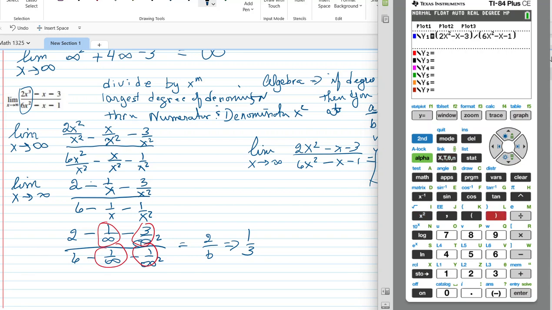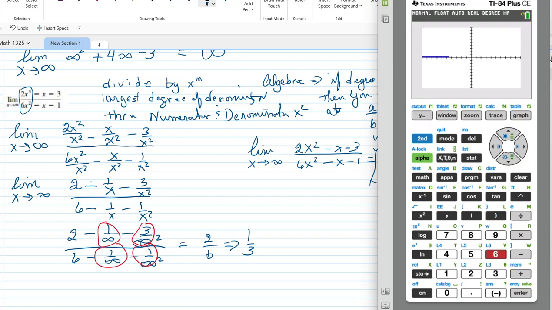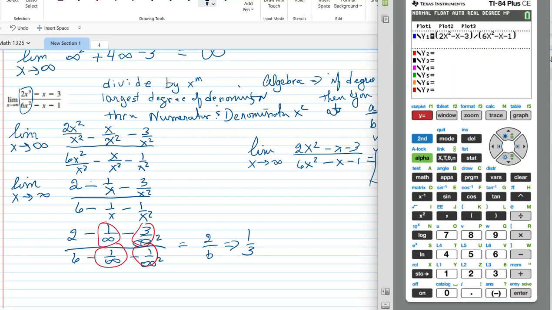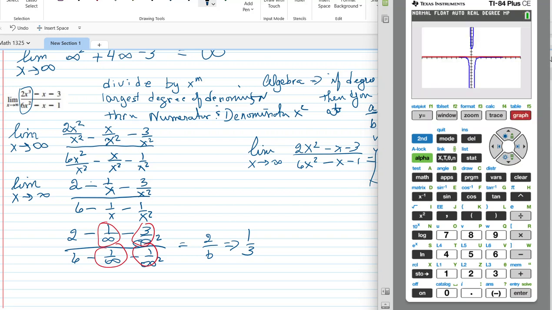My parentheses, I'm going to go zoom 6. And sure enough, we can even add the horizontal asymptote, which is y equals 1 divided by 3. And we can graph it, and you can see that it approaches it. Look how close it is as we go to the infinities. This is positive infinity here. All righty. So we got that.